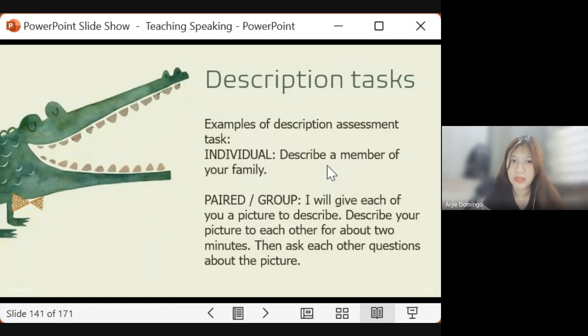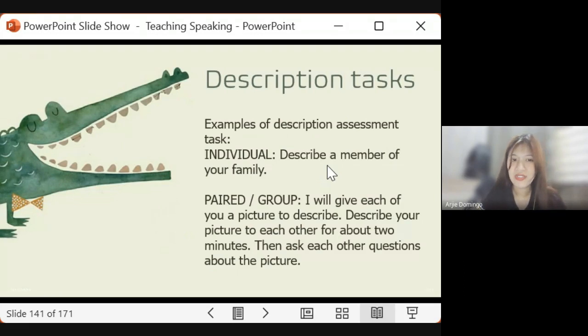So, for example, as an individual description task: describe a member of your family. Or in your case, you could ask them to describe your favorite foods, describe how you like your coffee, or describe the fish that you just ate this lunch.